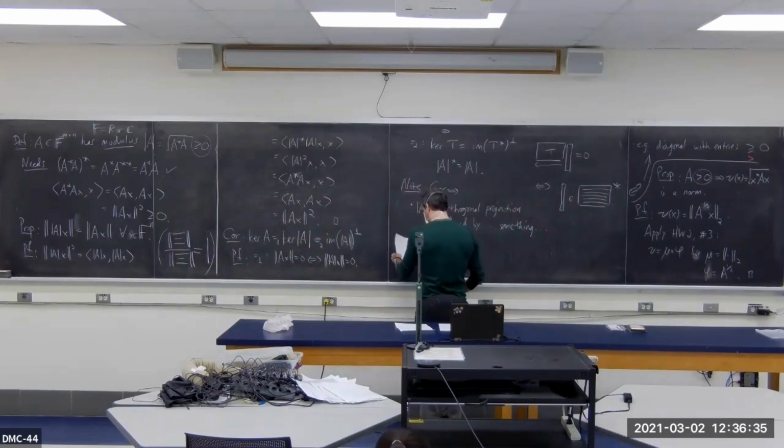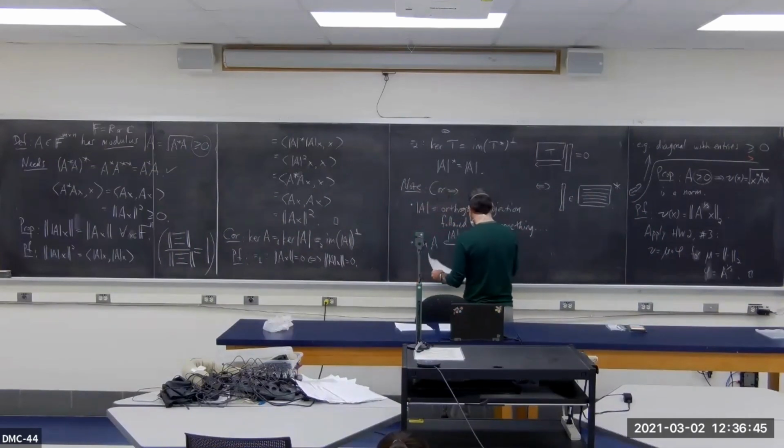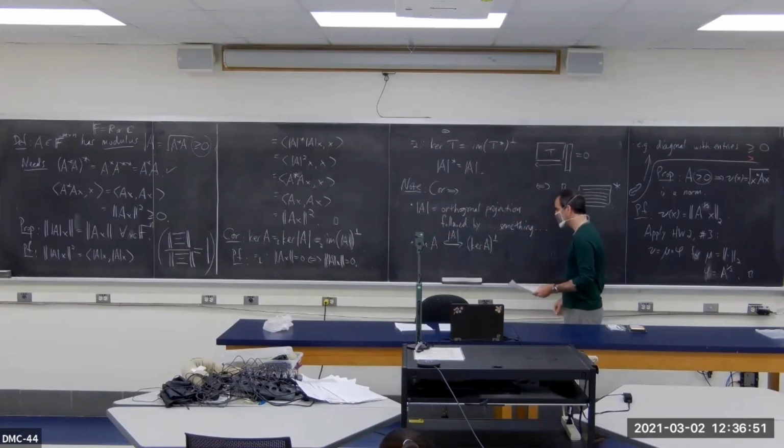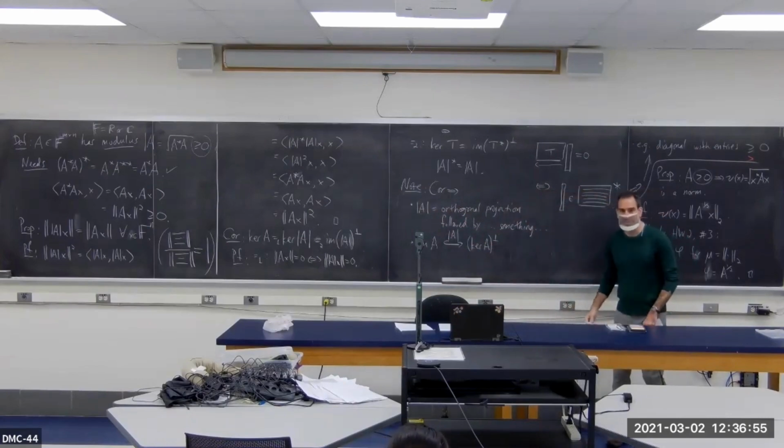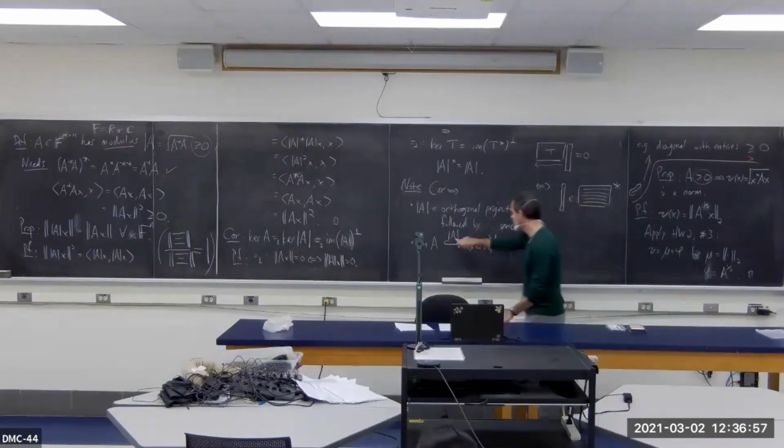Okay, and what else do we know? We know that the image of A maps, by the modulus, into the kernel of A perp. This is by the universal property of quotients. So what can you tell me about the modulus of A?